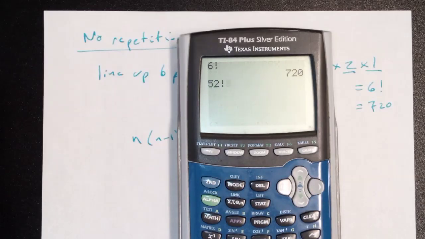There's that many ways. 52 factorial. I want you to understand, just for a rough idea, 10 to the 67th power. So I have to move that decimal place this way 67 times.